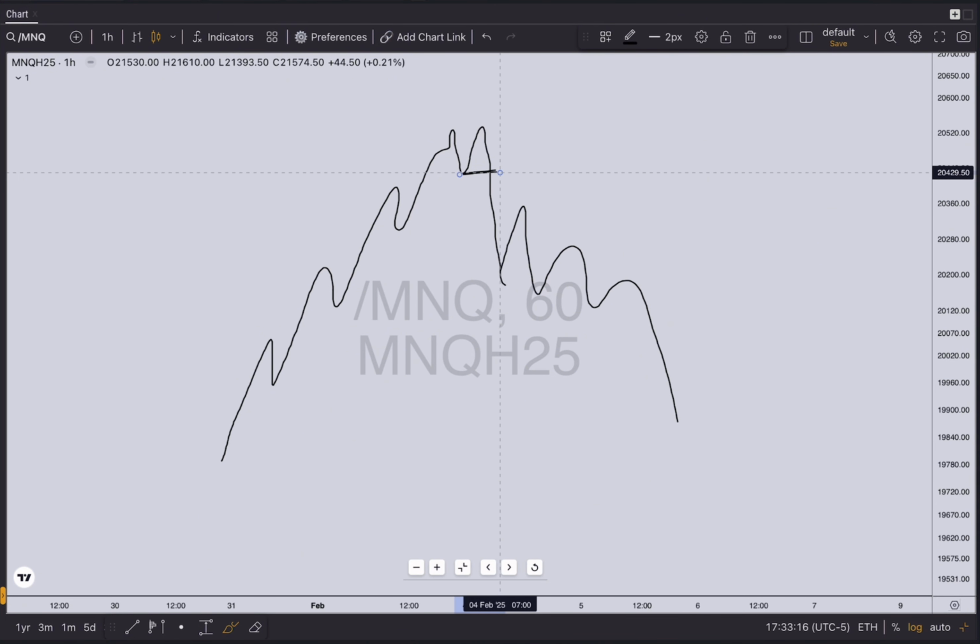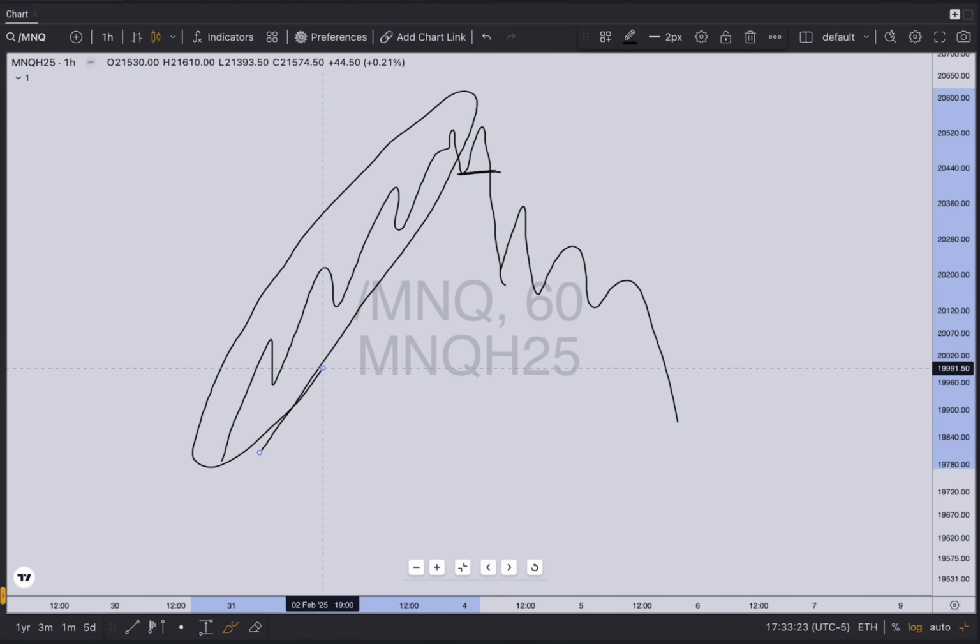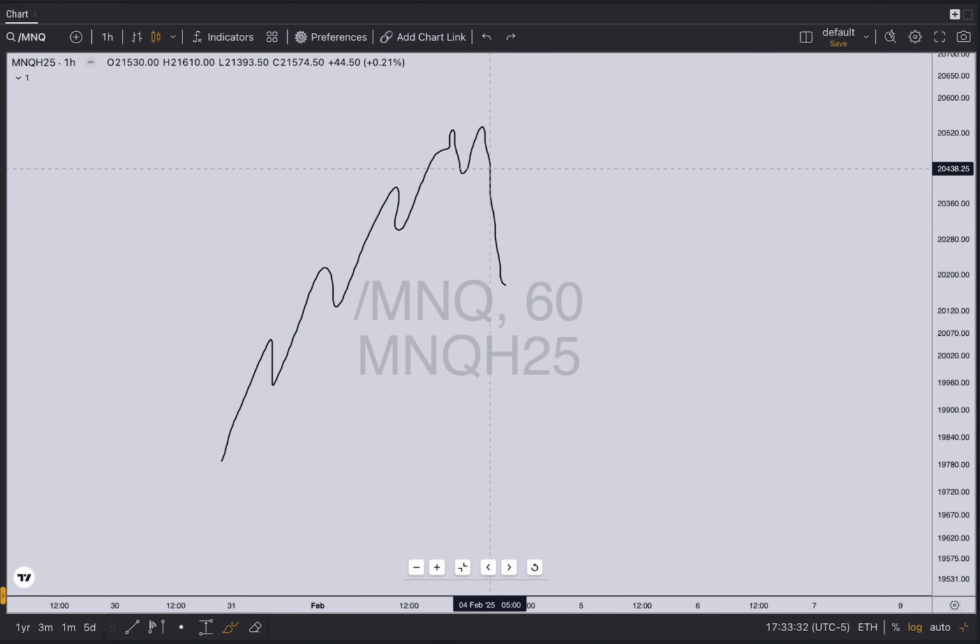So every market that switches trends from bullish to bearish or bearish to bullish always starts with a market structure shift. But not every market structure shift means we're going to continue or shift in the market.